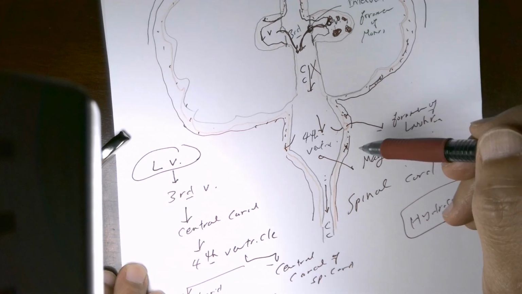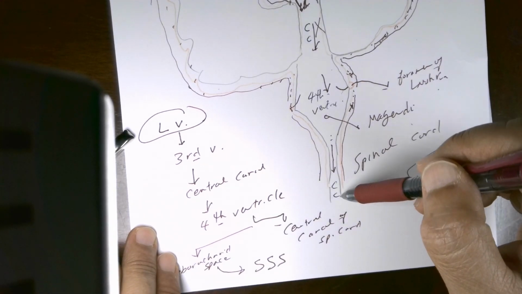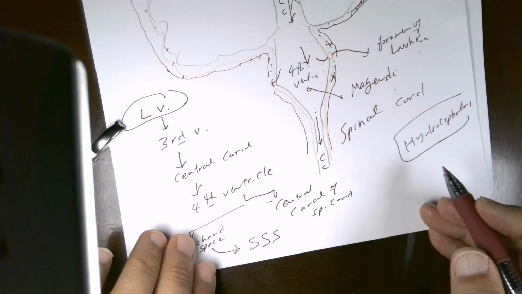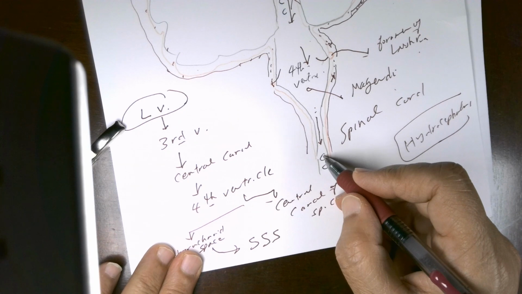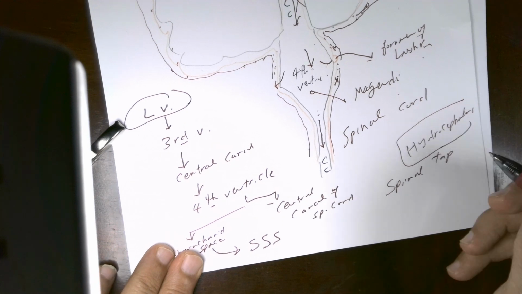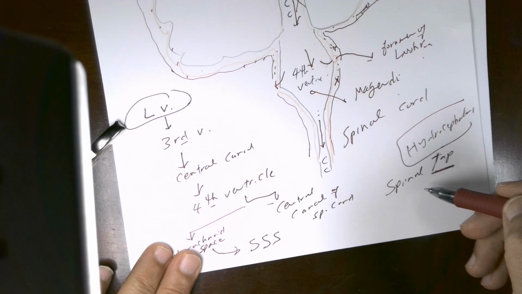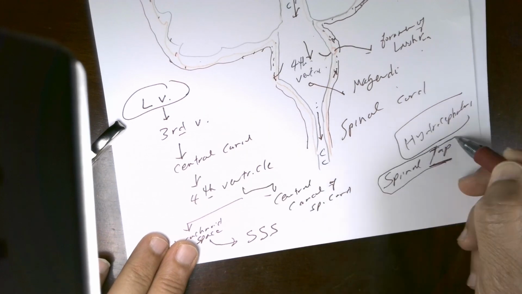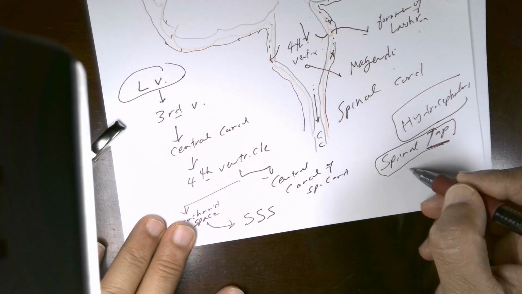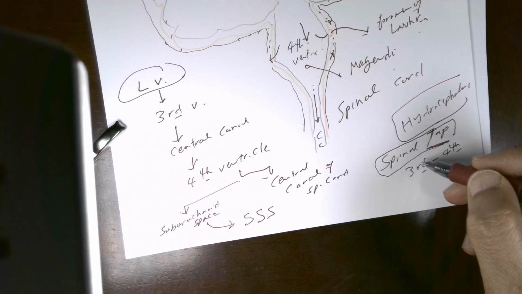Okay, also keep in mind this CSF circulates down to the central canal of the spinal cord, and you need to pay attention, if you want to take a sample of CSF, you do a spinal tap. Spinal tap, where you can aspirate CSF from the subarachnoid space around the spinal cord, usually between the third and fourth lumbar vertebrae, below the level of the spinal cord.